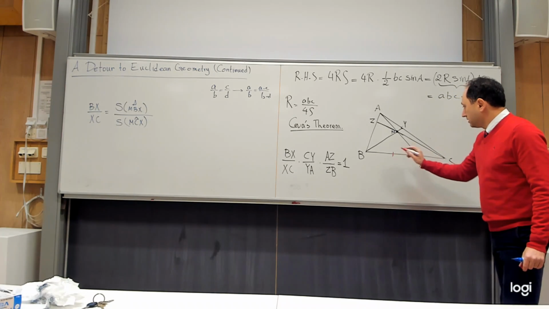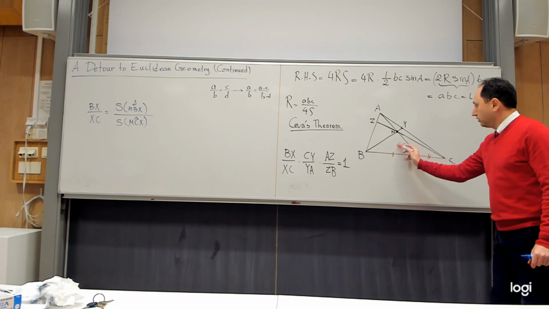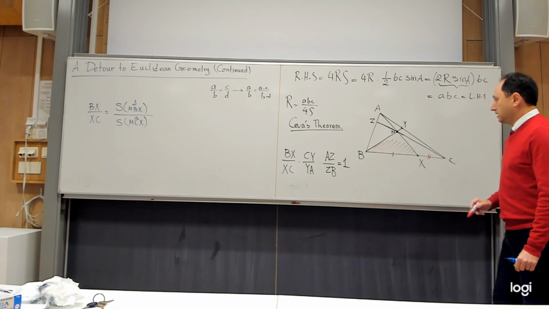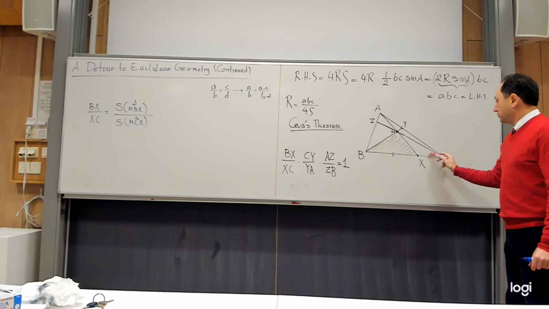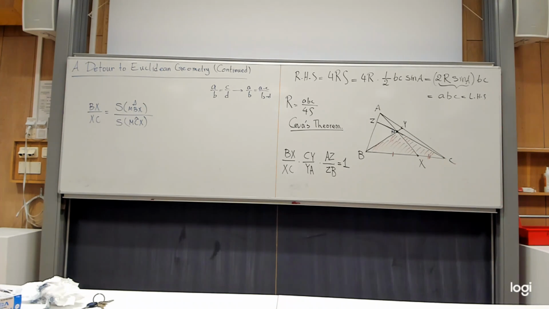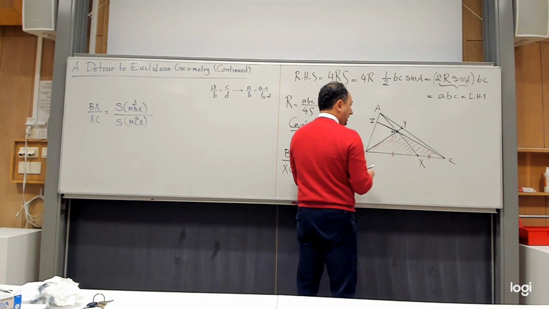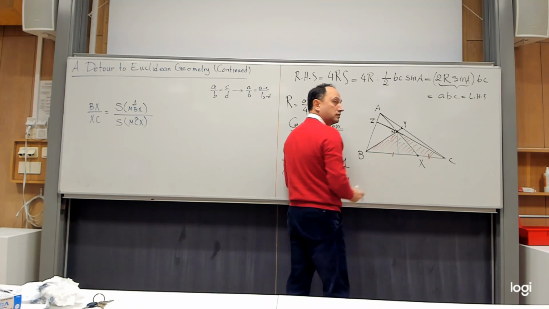This length divided by this length, I am claiming it is equal to the ratio of this area to this area. Is that understandable or not? If yes, why? Is it not because the heights are the same? Because if I ask you what is the height of this triangle, you draw this one.